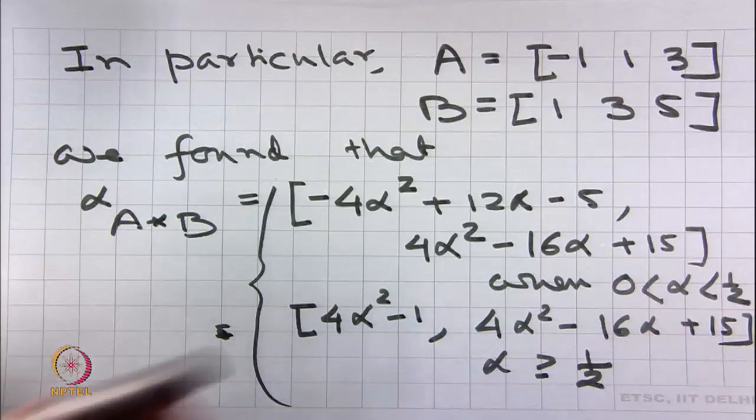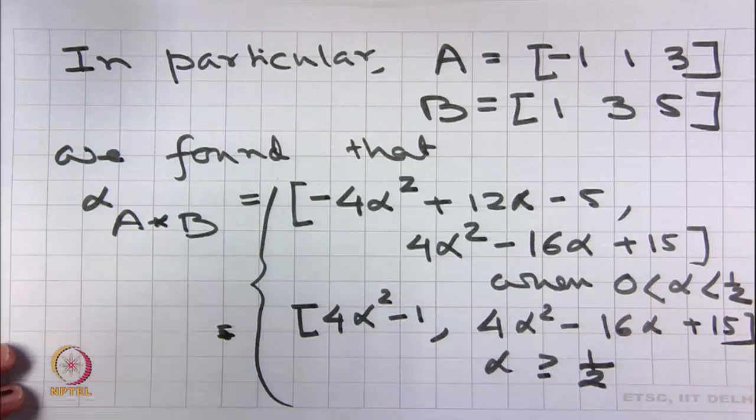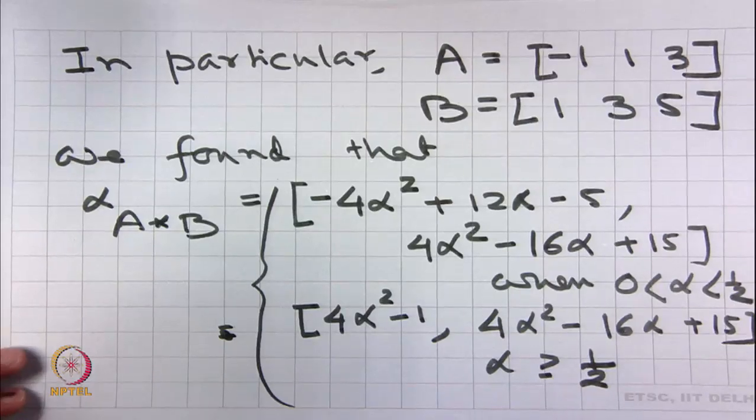So, these results we already have. Because these are quadratic, we would like to use a linear membership function to represent A star B.